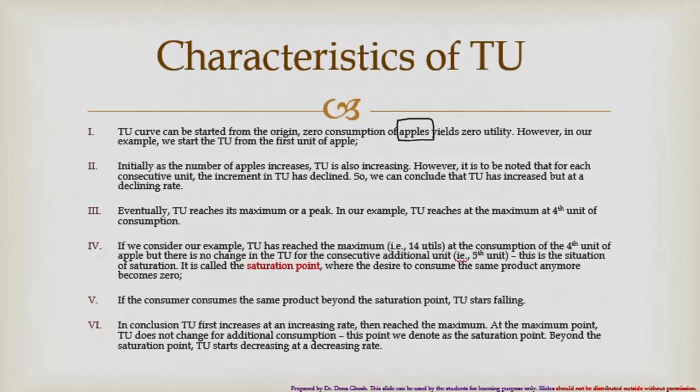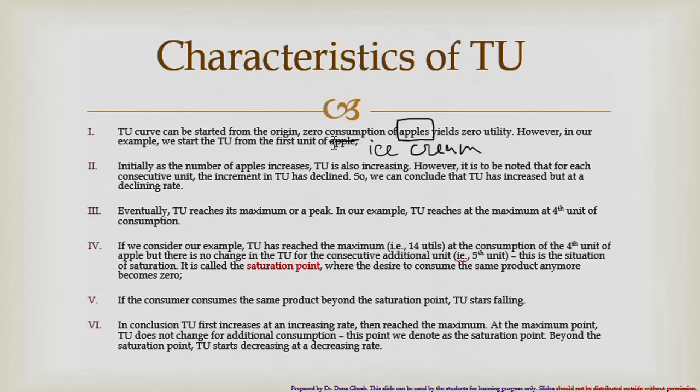That is what is written in the first line. However, in our example we started the total utility from the first unit of apple. Again I am mentioning, we have considered in our example not apple but ice cream stick.